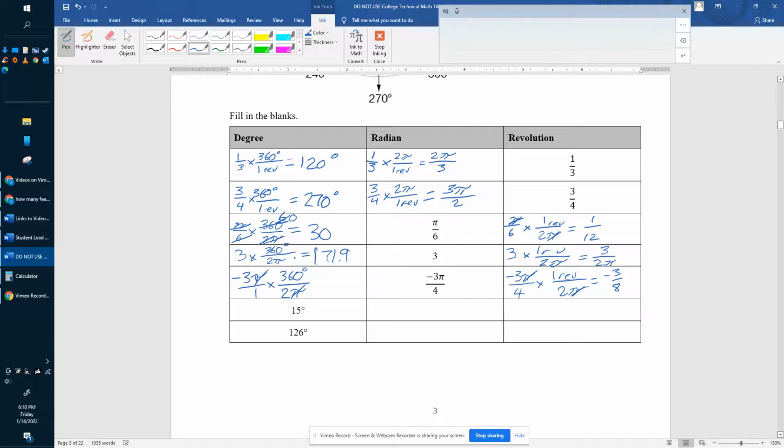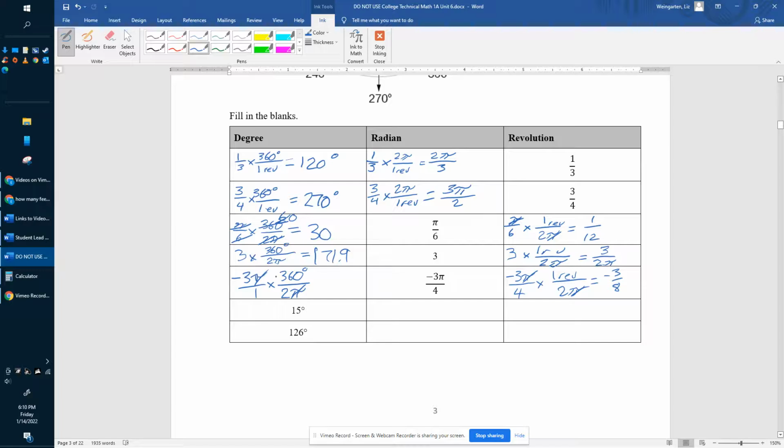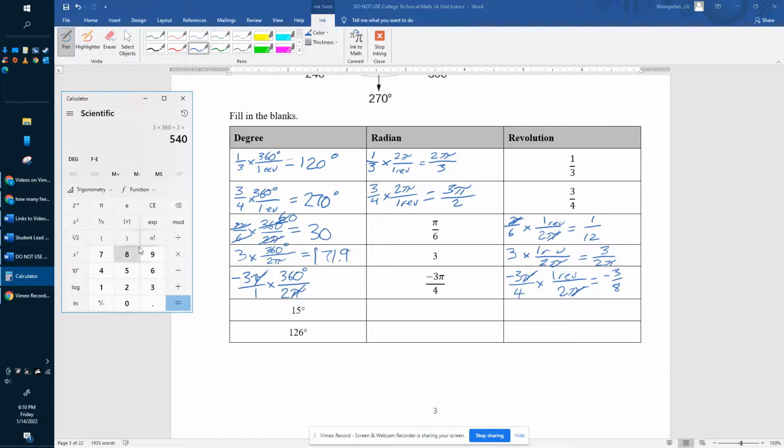Pi is going to cancel out. So 3 times 360 divided by 2. 540 degrees. I just want to make sure I didn't type that in wrong. Oh, because it's 4.